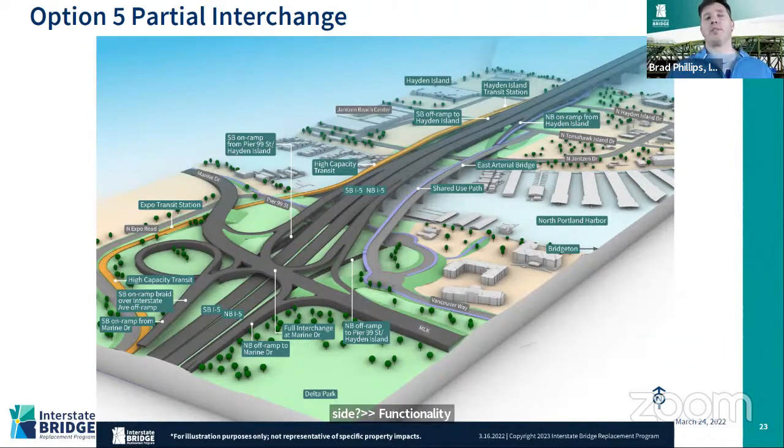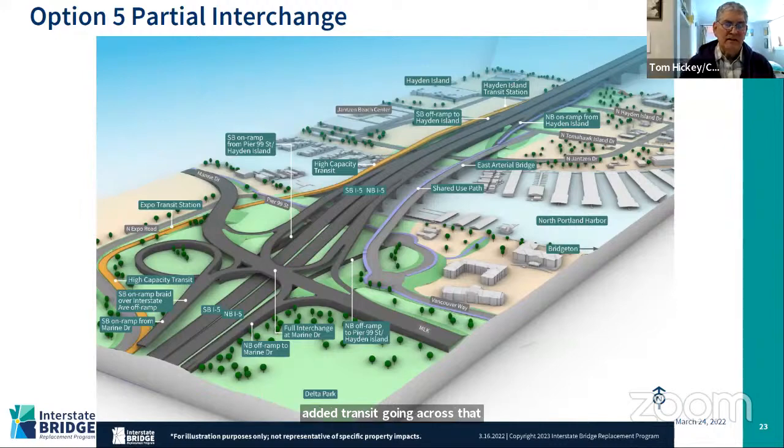For example, on this one, we started off looking at this being on the west side, but the functionality of that intersection where light rail is crossing Pier 99 Street and Expo Road, we felt made it extremely challenging to design all of those crossings and the activity happening because of the added transit going across that area. I'll have to take your word for it, but I don't see at a glance why there should be any substantial difference at that particular junction, but no doubt you've dug into it deeper than I have.